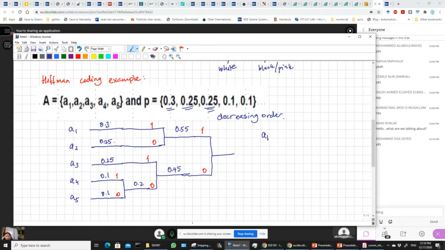So for A1, whenever I see A1 in my message, I'm going to write 1, 1. Whenever I see A2, I'm going to write 1, 0. Exactly, good job.